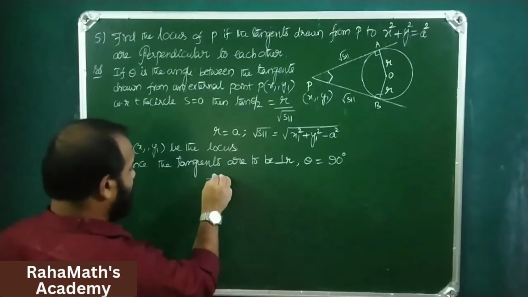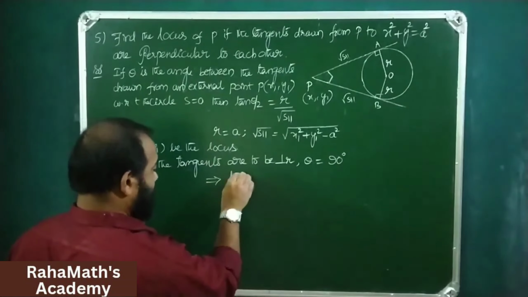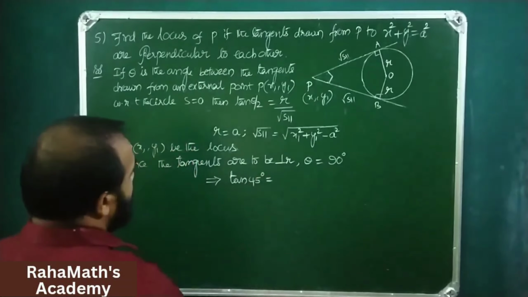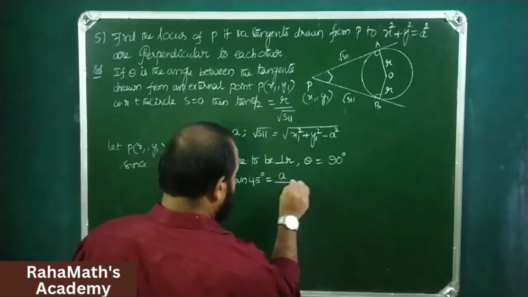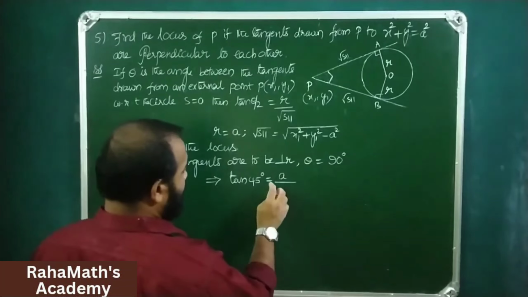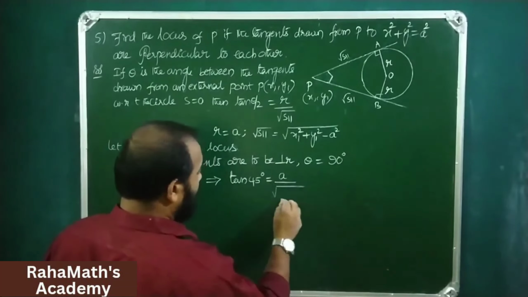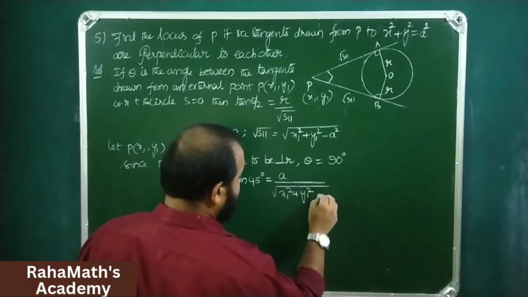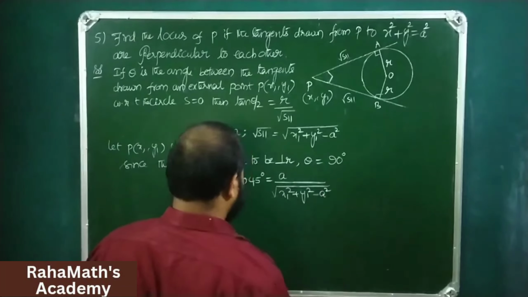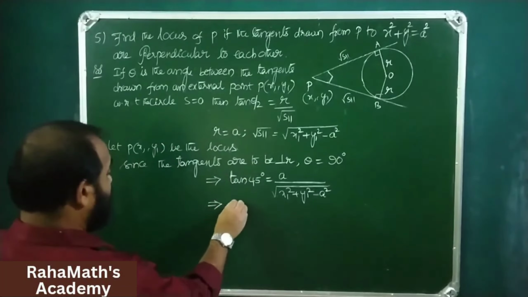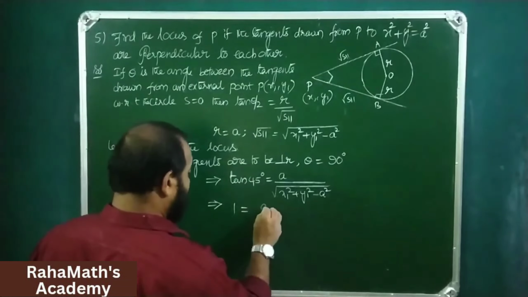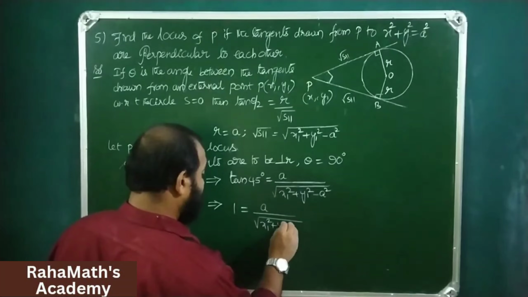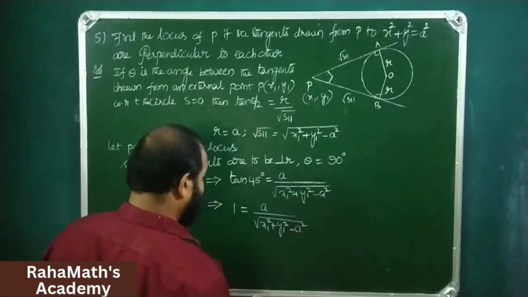That implies tan(90/2), tan 45 degrees, is equal to r value a by root S11 value, root of x1 square plus y1 square minus a square. So tan 45 is 1 equals a by square root of x1 square plus y1 square minus a square.